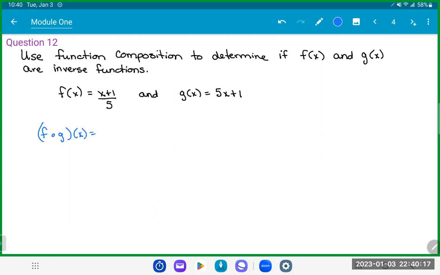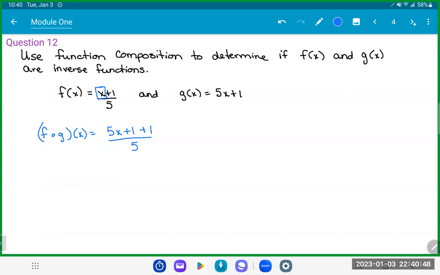Again, as I explained, everywhere we see an x in our f function, we're going to substitute in our g function. I have one x here, so I'm going to substitute in my g function for that x. So that's 5x plus 1. And now I just write the rest of it exactly how it is.